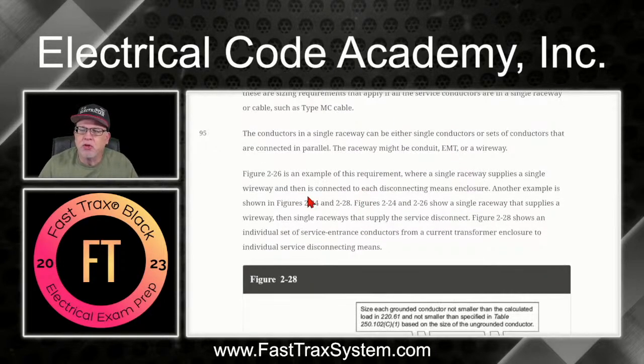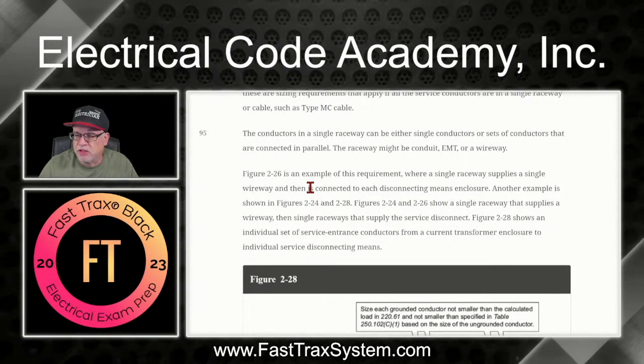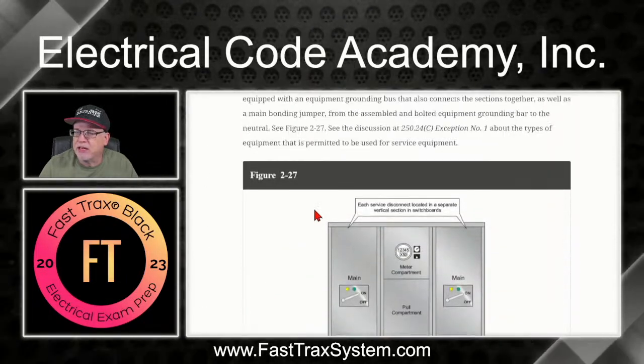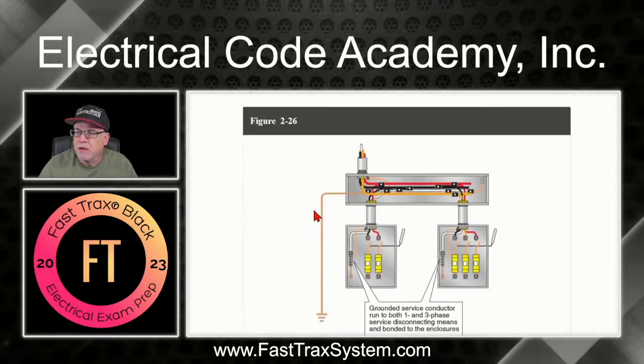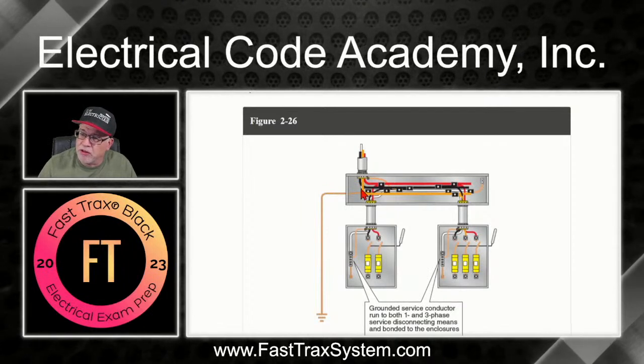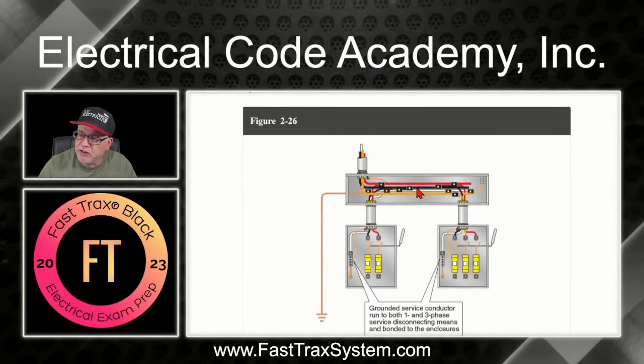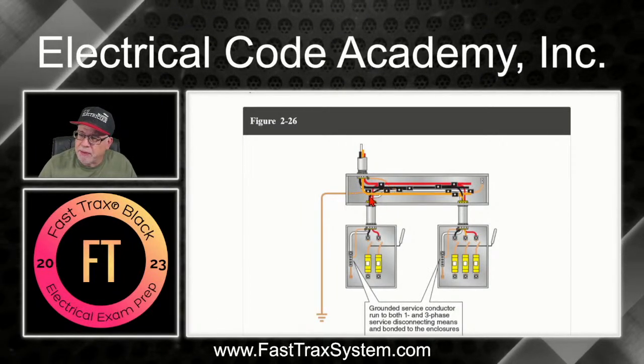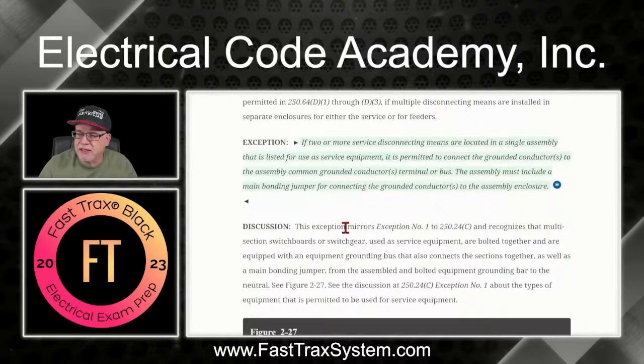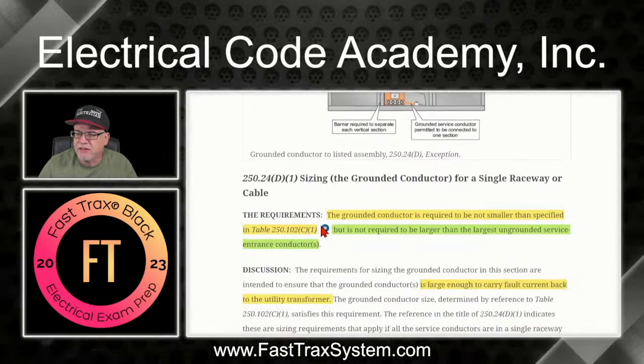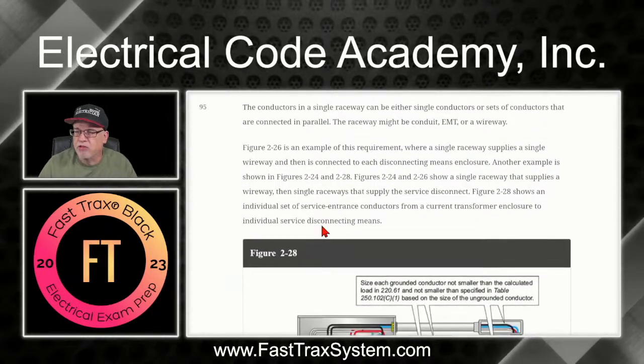Now, Figure 2-26, and that's what I wanted to show you. That's this one here, right? This shows you that this is in one raceway. Everything here, okay? And you see that it's tapping off here, and it's tapping off here. Just making it clear. We're just reiterating that in the discussion. And I wanted you to see the illustration.